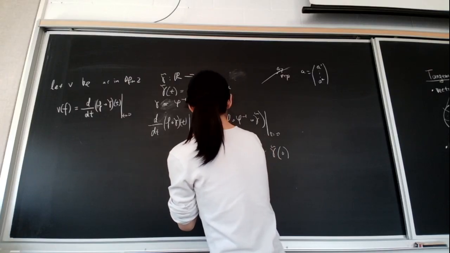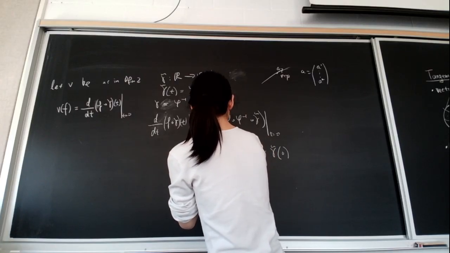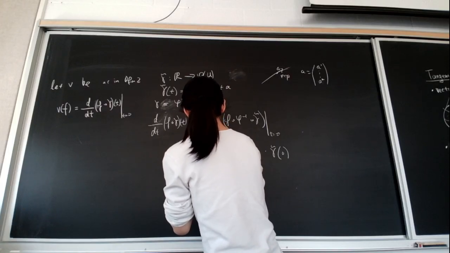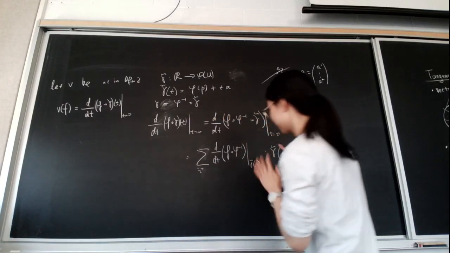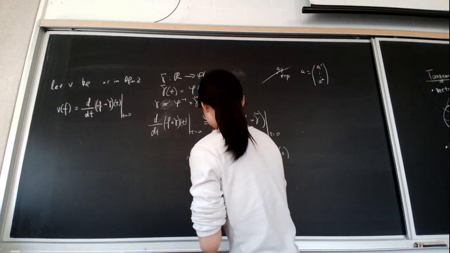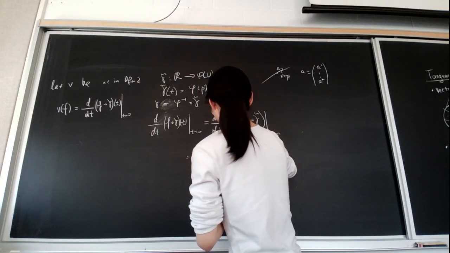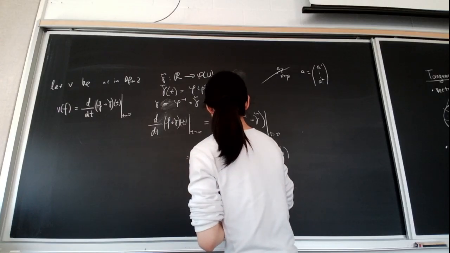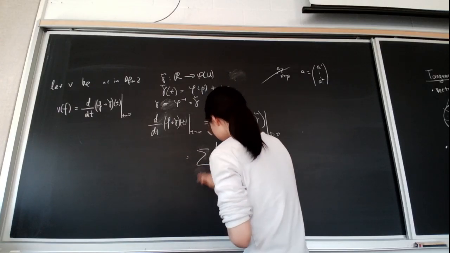Oh, sorry. I forgot that this is a... sorry, that was a mistake, because this is from R to Rn. So we use a different chain rule.